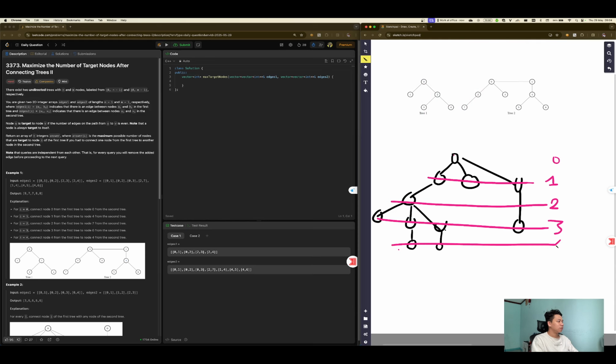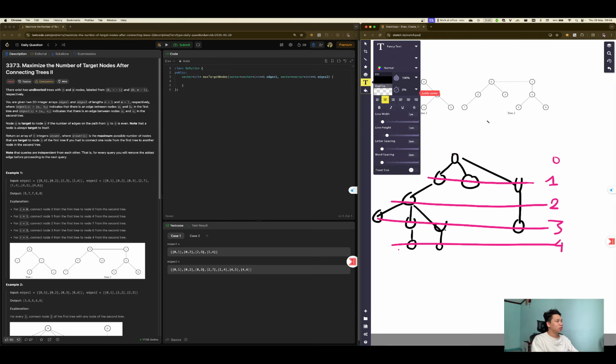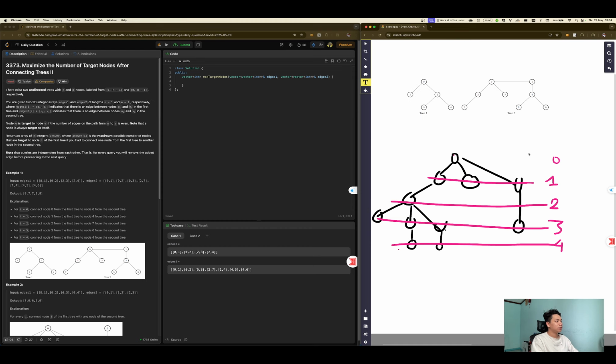This is level four. In graph theory we call this the depth of the node. Because it's a tree, not a normal graph, we can use depth here. You can see it's like a BFS tree: to reach length one, then the next level is two, three, four, and so on.